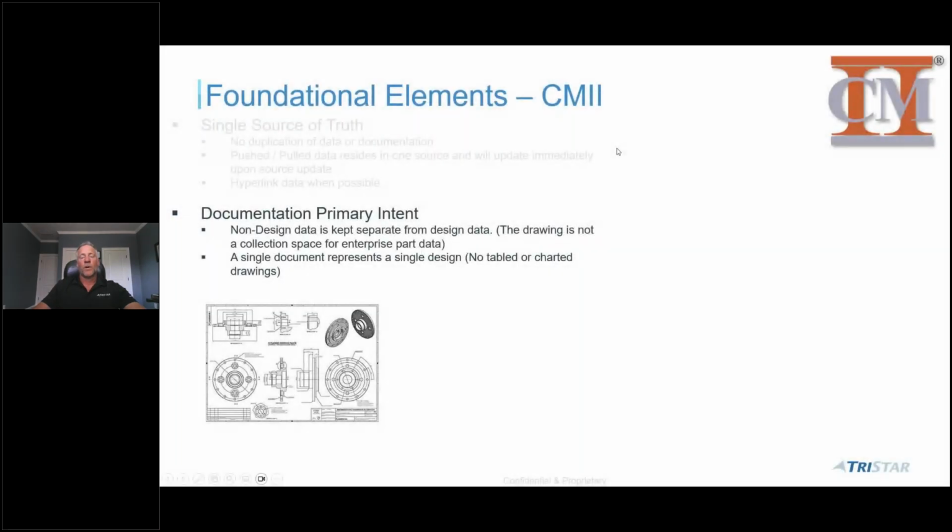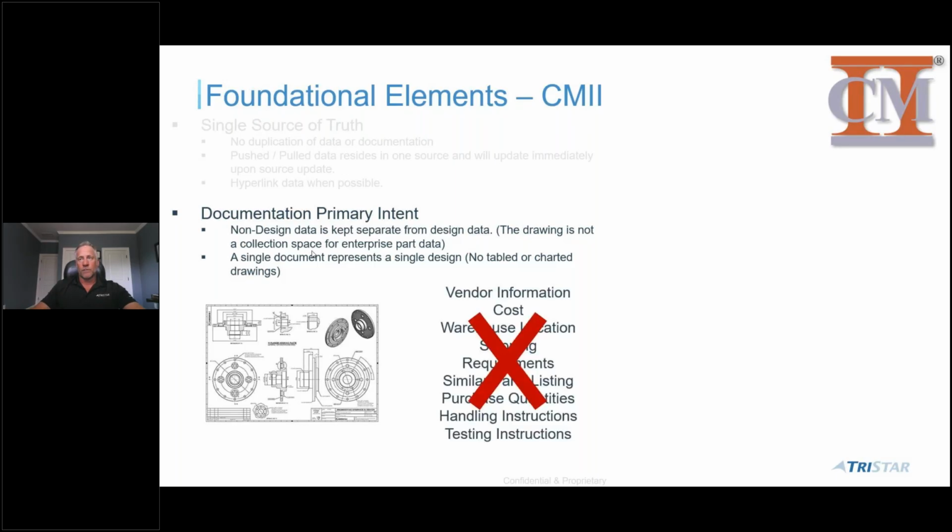Okay. So from a CM2 perspective, that's documentation primary intent. And I didn't list all of these, but this is non-design data. So any non-design data, it's not appropriate to have that on your drawing. And so those would include things like this.